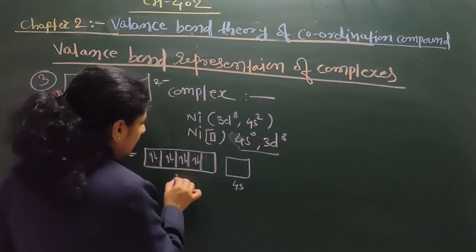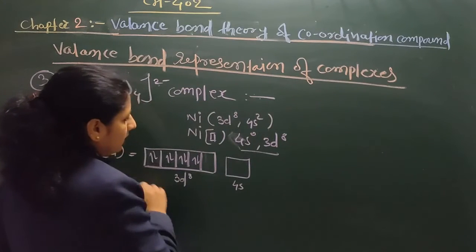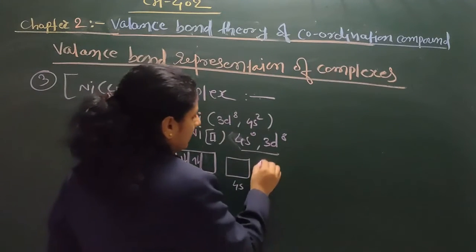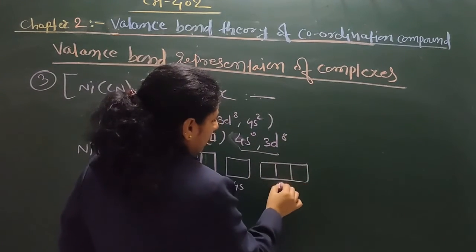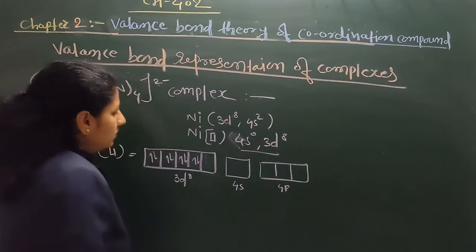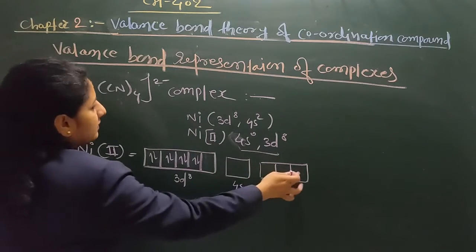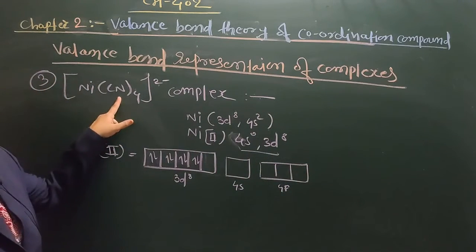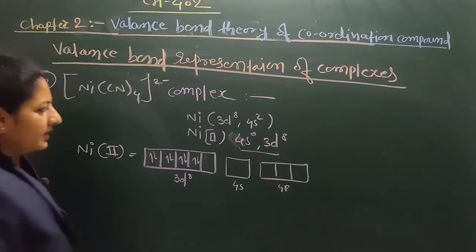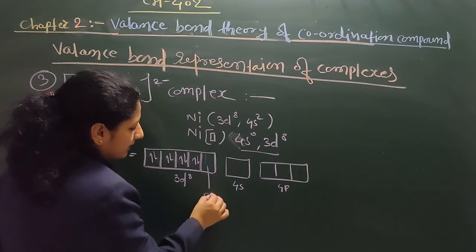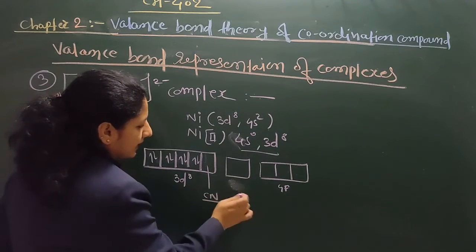It is 4s, 3d8. Now here also there is the 4p orbital. Now the 4 cyanide ligands are entering that orbital, so it is forcefully entering because cyanide is a strong field ligand here.